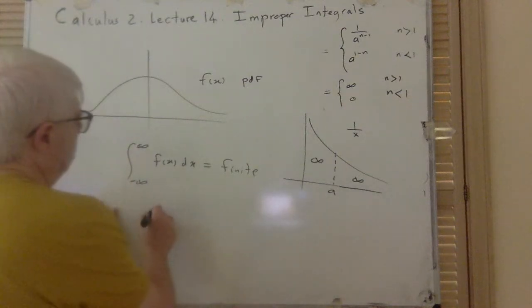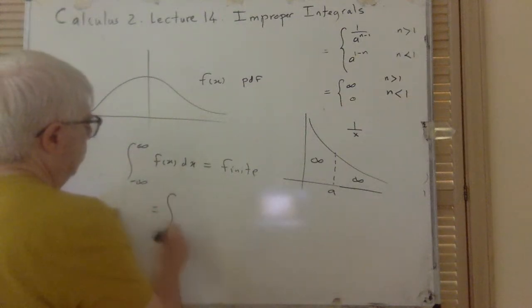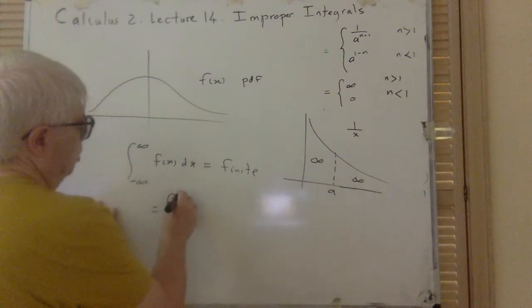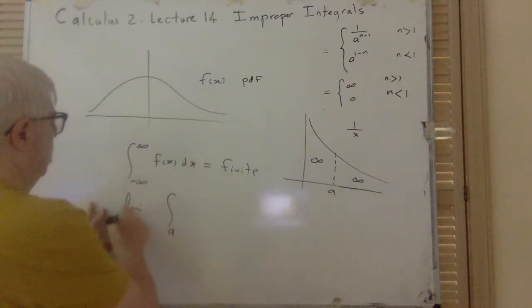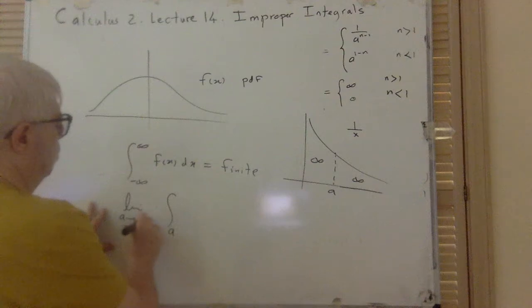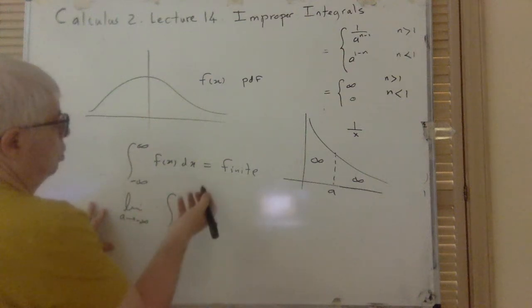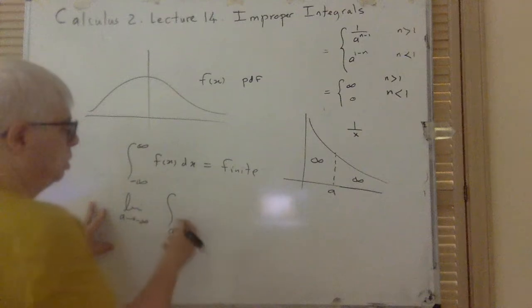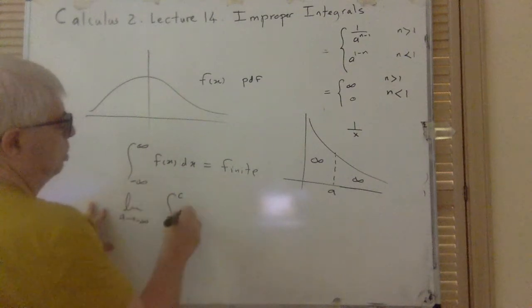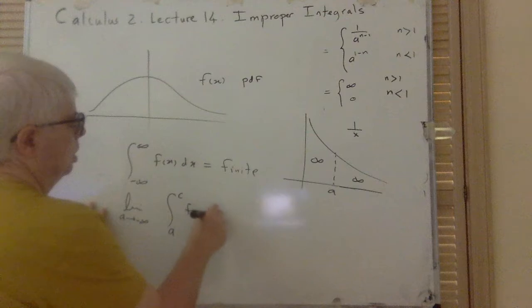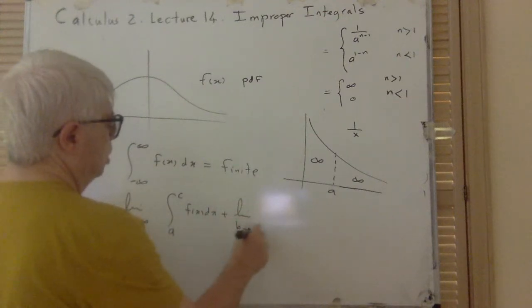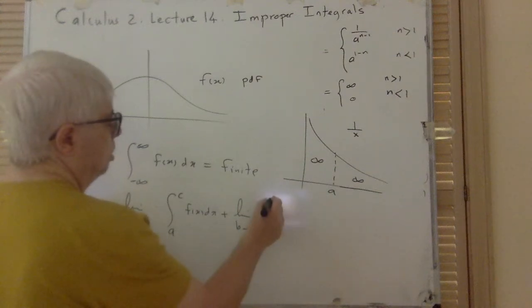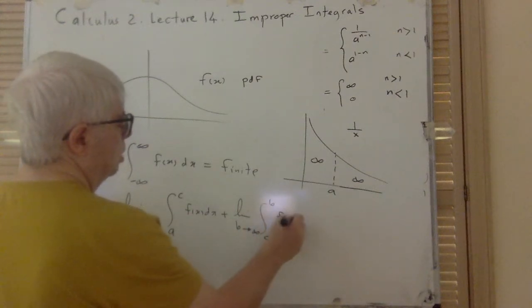So we write it like this: limit as A goes to negative infinity of the integral from A to, let's assume this is continuous, any point C, of f(x) dx, plus limit as B goes to infinity of the integral from C to B of f(x) dx.